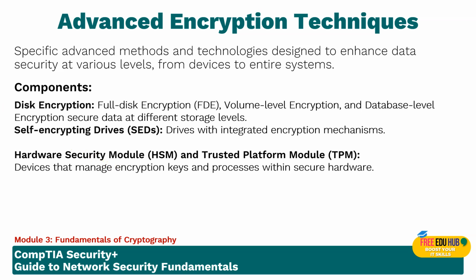First of all, we have full-disk encryption. We have disk encryption, which is also full-disk encryption as well. It's a volume level encryption and a database level encryption that secures data at different stages. Now it protects all data on the hard drive. For example, Microsoft uses the BitLocker drive encryption software that is included in Microsoft Windows.